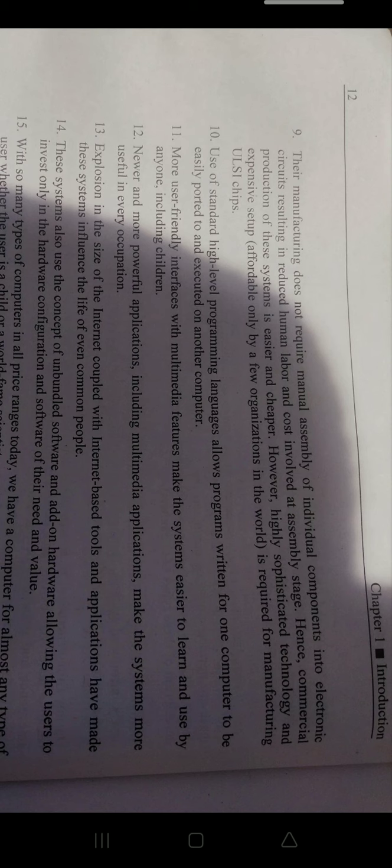The explosion of the size of the internet, coupled with internet-based tools and applications, has made these systems influence the life of even common people. These also use the concept of unbundled software and add-on hardware, allowing users to invest only in the hardware configuration and software of their need and value.